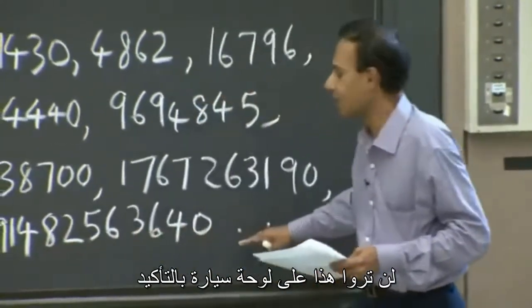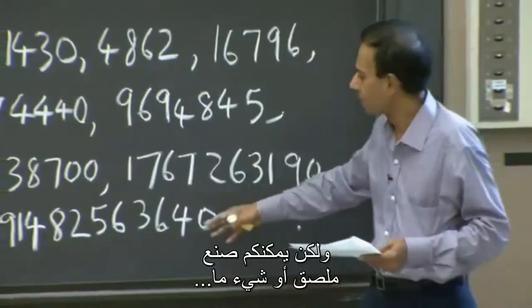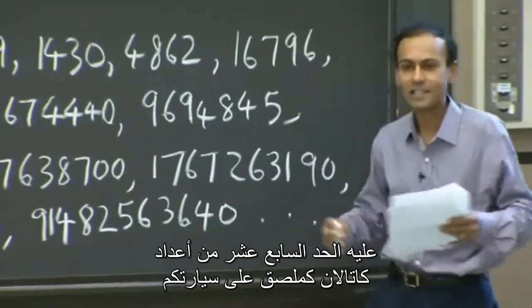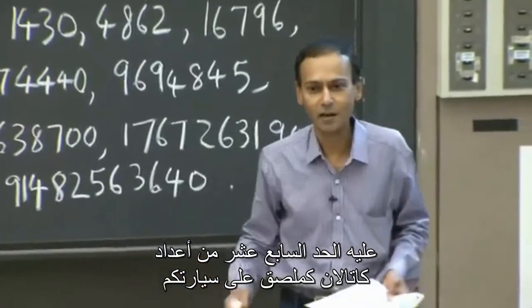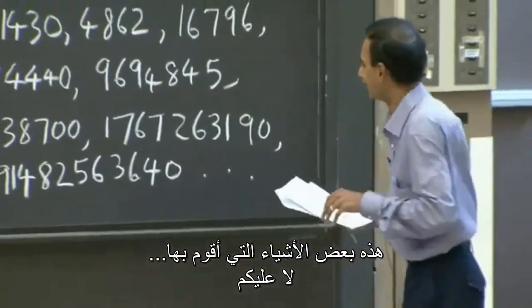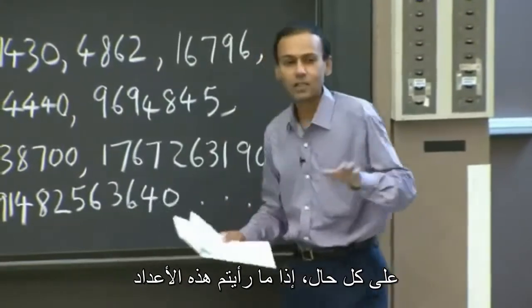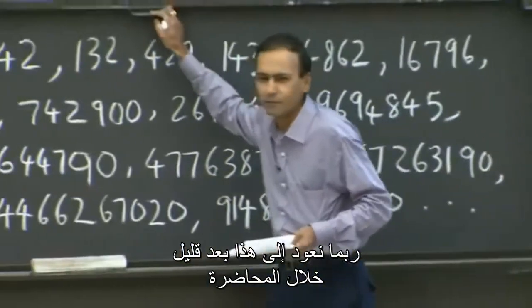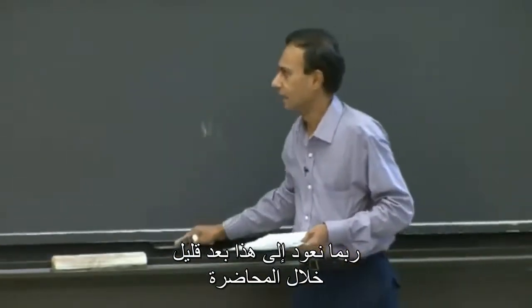This, of course, you're not going to see on a license plate, but you could always make up a bumper sticker or something, and you could have the C17 as being a bumper sticker on your car, right? I mean, that's the kind of thing I'd do. But anyway, so just in case you see these numbers, we might come back to this a little bit later in the class.